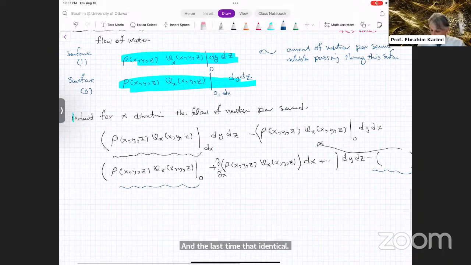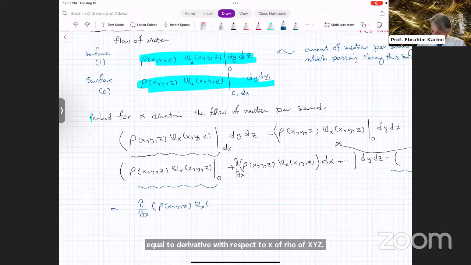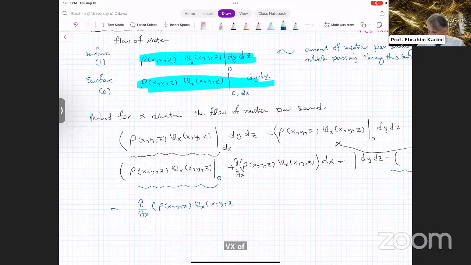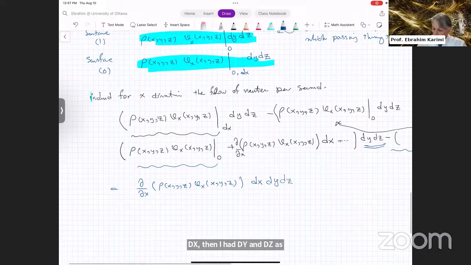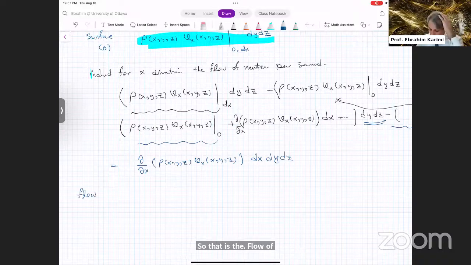The result will be equal to the derivative with respect to x of rho of x, y, z, Vx of x, y, z, dx, dy, dz. So that is the flow of water along the x direction.